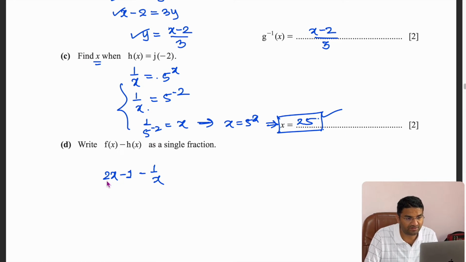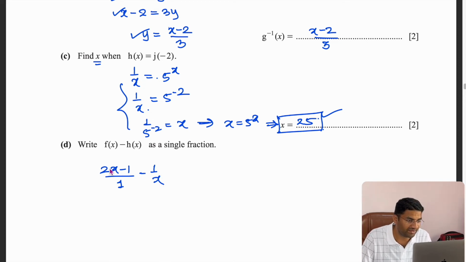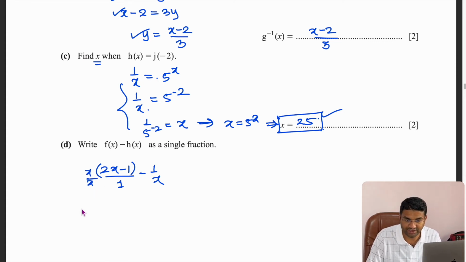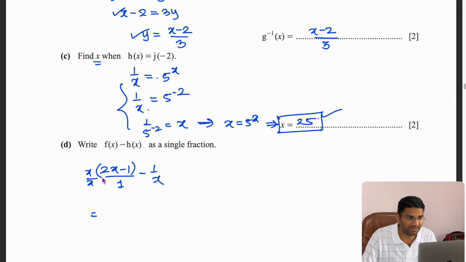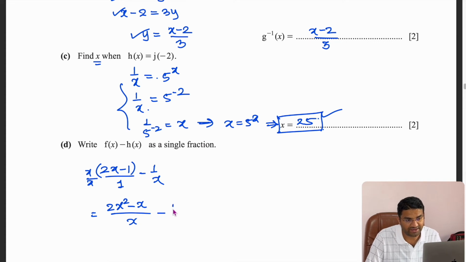Here the denominator is 1, so to make the same denominator, multiply the first fraction by x by x. Then it will be 2x square minus x upon x, minus 1 upon x.